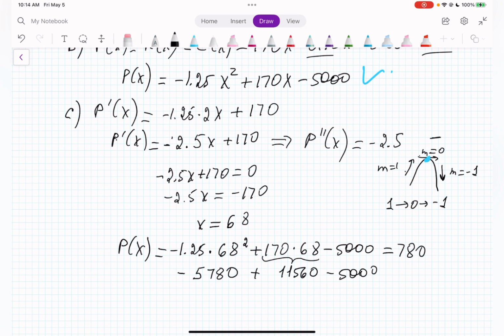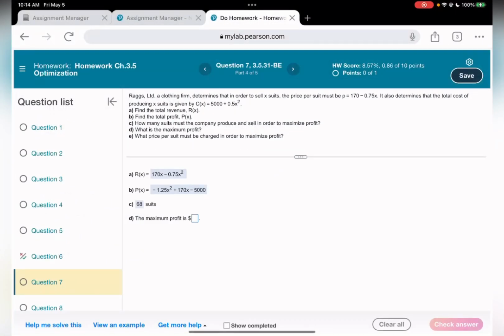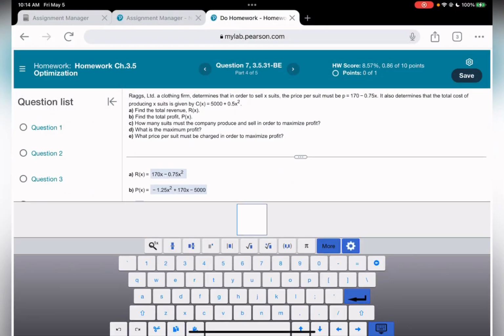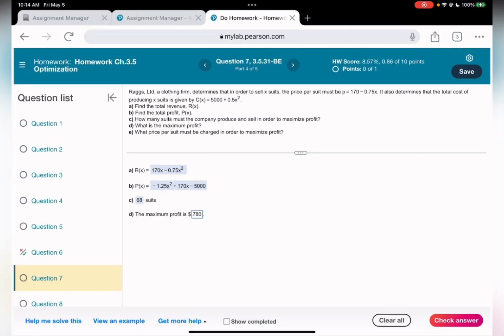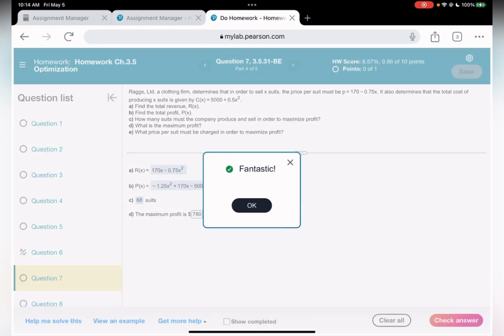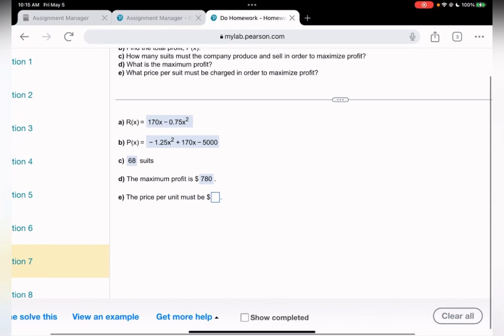Let me do this math one more time. 11,560 minus 5,780 minus 5,000. Okay, let's place the answer, $780. Let me see if it's right. Yeah, okay. Well, they made a little bit of money altogether.